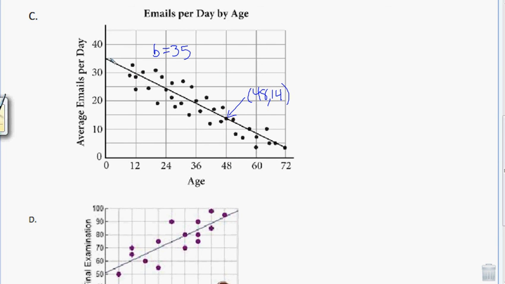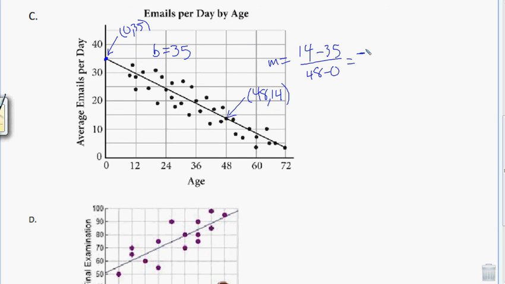And what if I use this point again, like I did on the other problem? This is 0, 35. So I'll do 14 for my slope. I'll do 14 minus 35 over 48 minus 0.